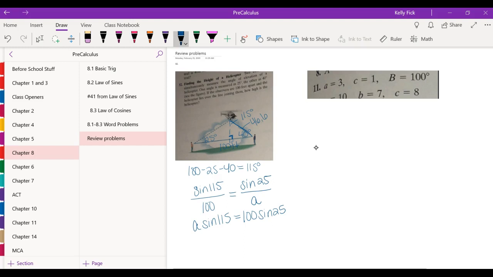So now that we have that, we can find our triangle height here, how high it is, using regular trig. So we know that this is opposite, and we know this is now our hypotenuse. So we have sine. So then I would do sine of 40 equals opposite over my hypotenuse, which is 46.6.